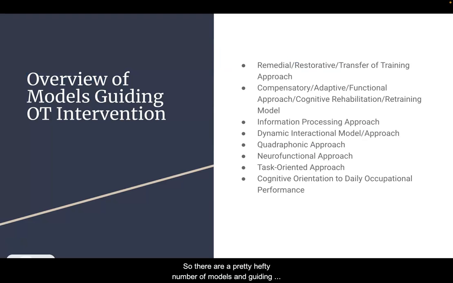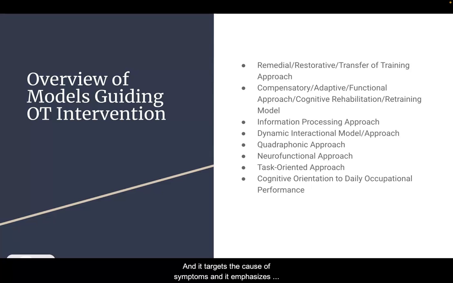There are a pretty hefty number of models and guiding approaches for OT interventions for cognitive perceptual dysfunction. The first, the remedial restorative transfer of training approach, focuses on restoration of components to increase skill. So it really is deficit specific. It focuses on memory, restoring the components of memory to increase skill.